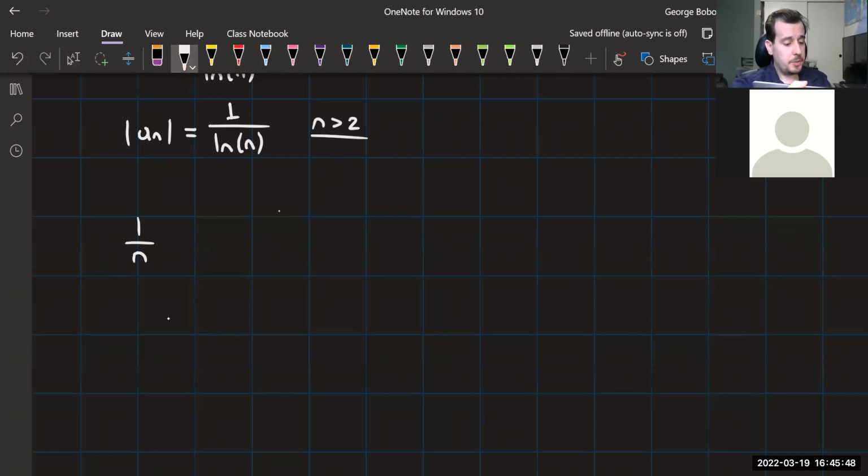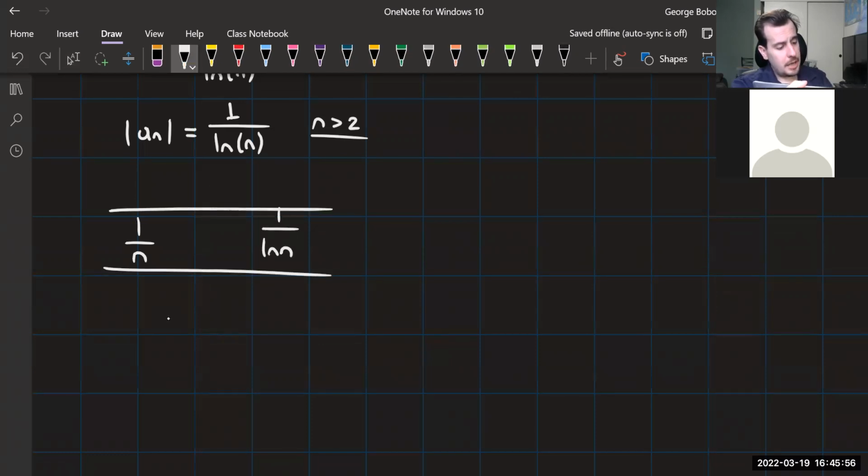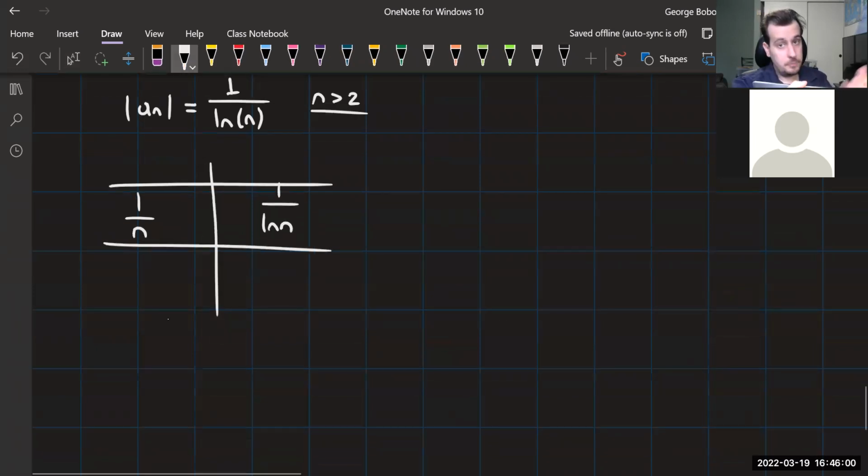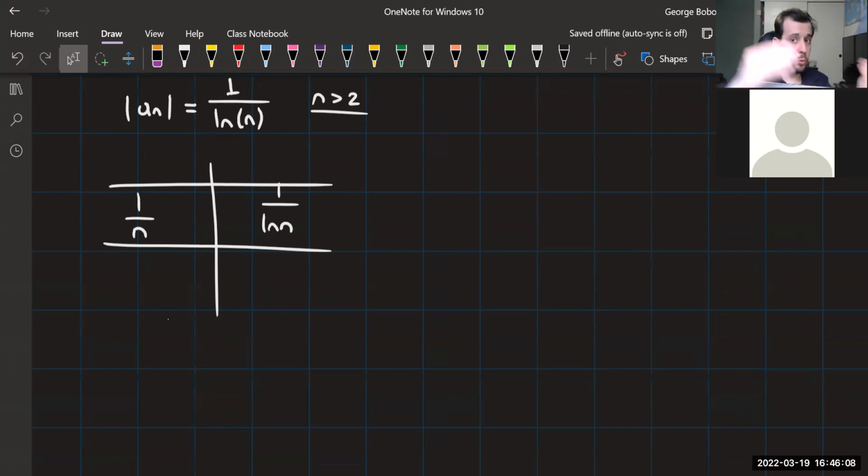I want you to think about these for a second: 1 over n and 1 over ln of n. Make a quick table in your head. Usually I do this in my head, but you can do this on paper; nobody's going to bat an eye. I'm just wanting to see if the series I came up with is smaller or bigger than the one I had. If I plug in 2 here, I get 1/2.